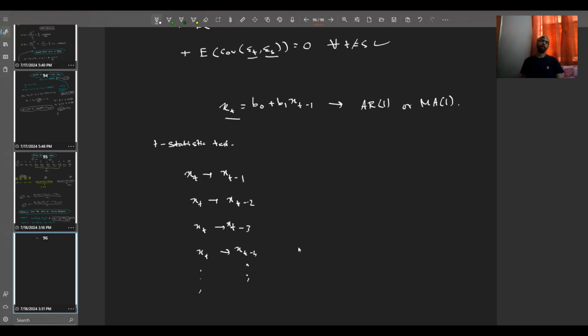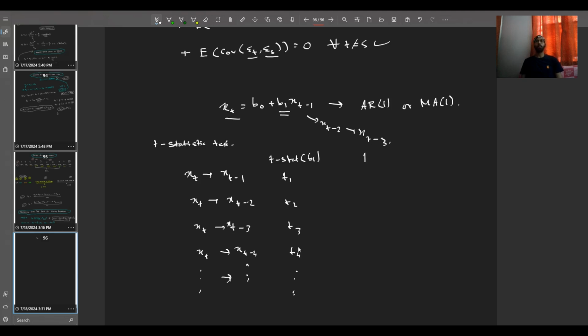You do it for any number of lags that you want, and you find out the t-statistic of b1. b1 means this one; you just replace this Xt minus 1 with Xt minus 2, then with Xt minus 3, and you find out the t values. Let's say the values come to be t1, t2, t3, t4, and so on.